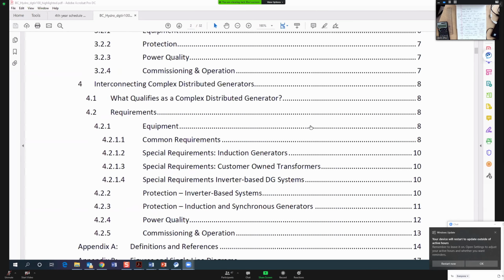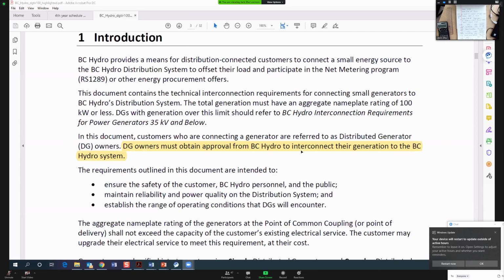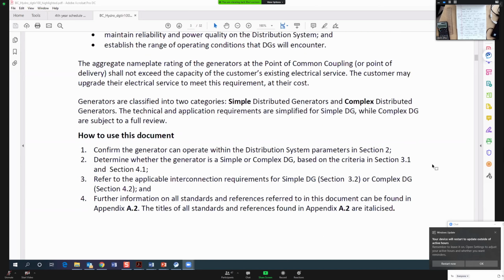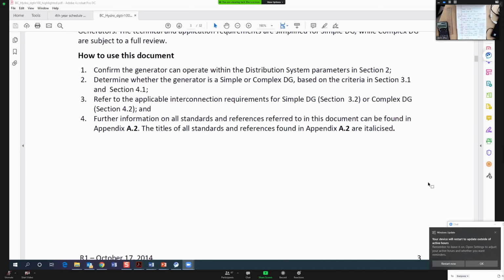First thing, you have to get approved by BC Hydro before you can do any interconnection. For certain systems, they actually have to come to the site to test you. Some of them, they might not. They tell you how to use this document.